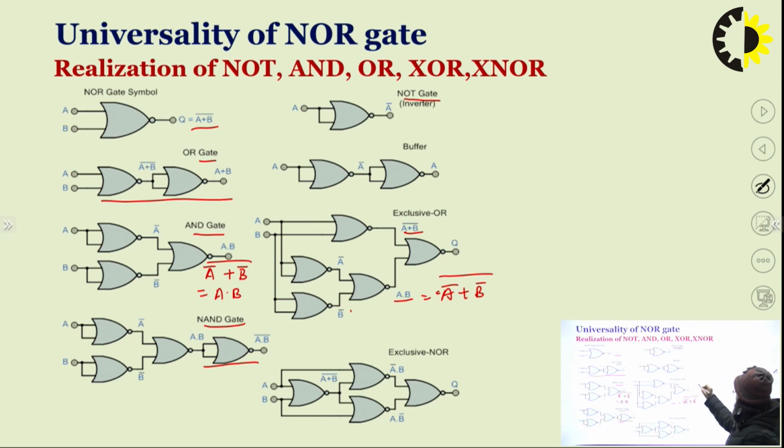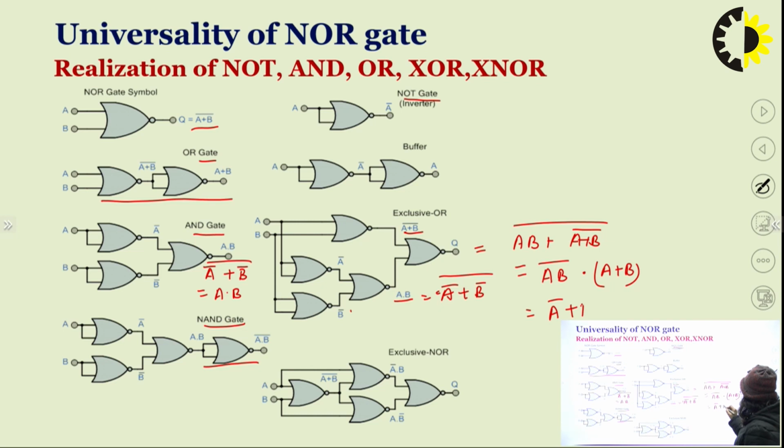If we add these two, the final output will be (AB plus (A plus B) bar) whole bar, which comes out to be (AB) bar dot (A plus B). If we open this circuit, this is A bar plus B bar and A plus B, that is A bar B plus A B bar, which is XOR gate.